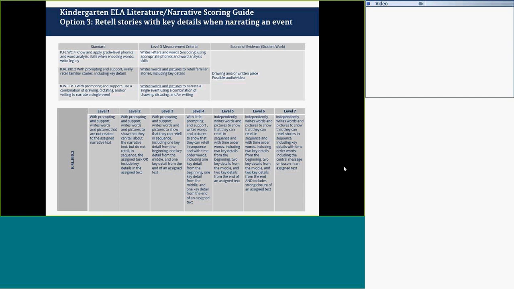And then, of course, your source or evidence is provided there. And then below, you actually see the descriptors. So the only thing that changes in the collections is the reading standard and the writing standard according to genre. The foundational standard scoring guide will stay the same in each collection.